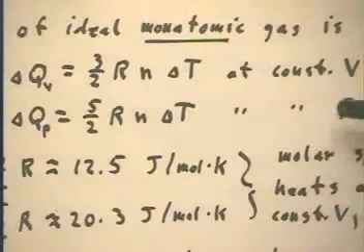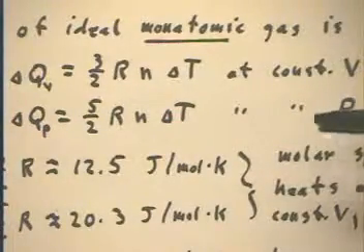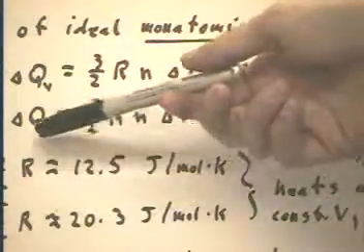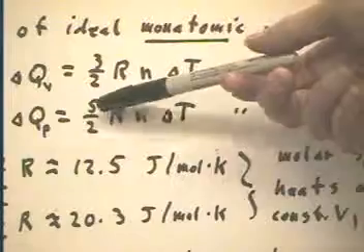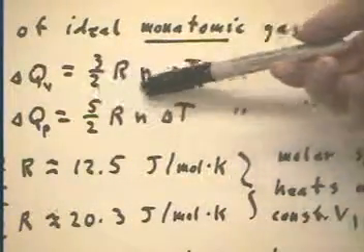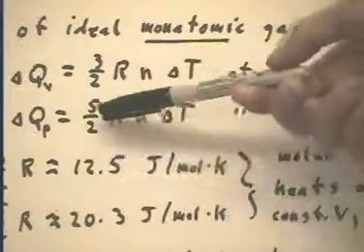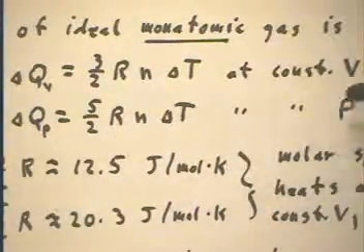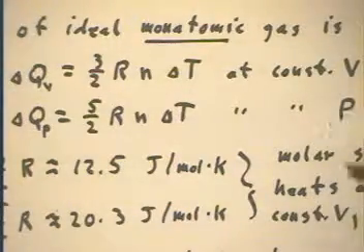It's going to have to exert a force against the pressure through a distance in order to expand. And in that case, the amount of thermal energy required is 5/2 R N delta T. This compared to the 3/2 R N delta T. You get an extra 2/2 of an R N delta T for expanding at constant pressure to do the work of the expansion.